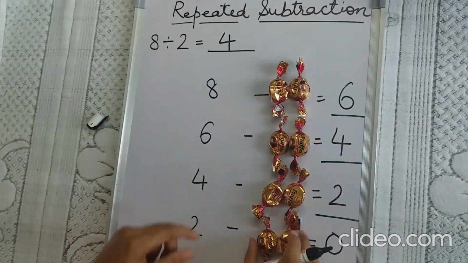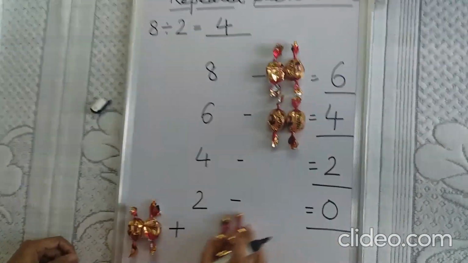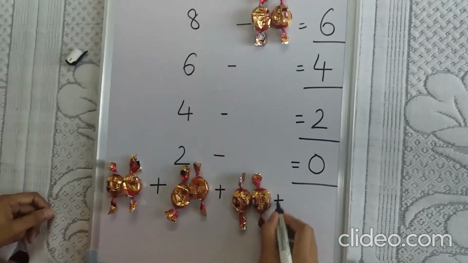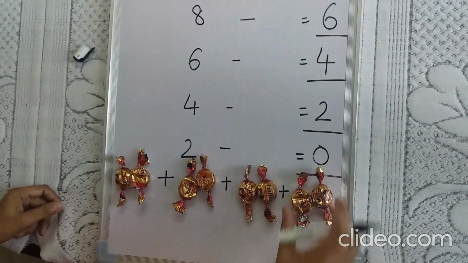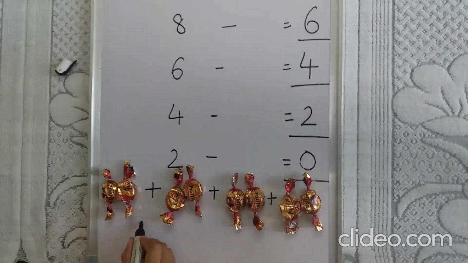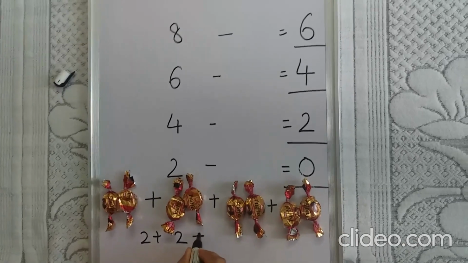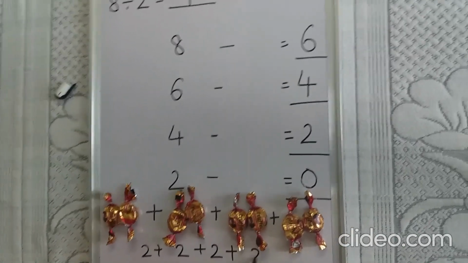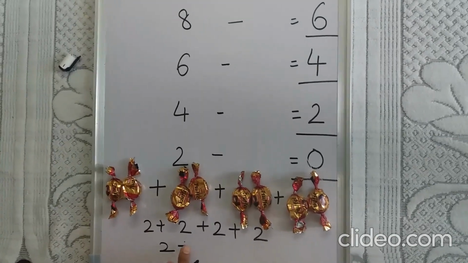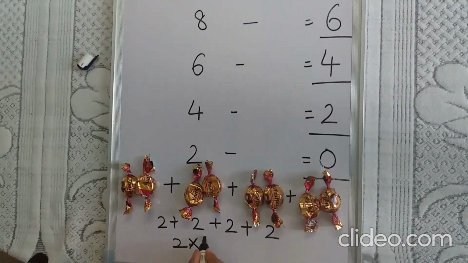Okay. Now if I see here 2 plus 2 plus 2 plus 2 means I am adding this 2. How many times? 2 plus 2 plus 2 plus 2 means I added 2 how many times? 4 times.